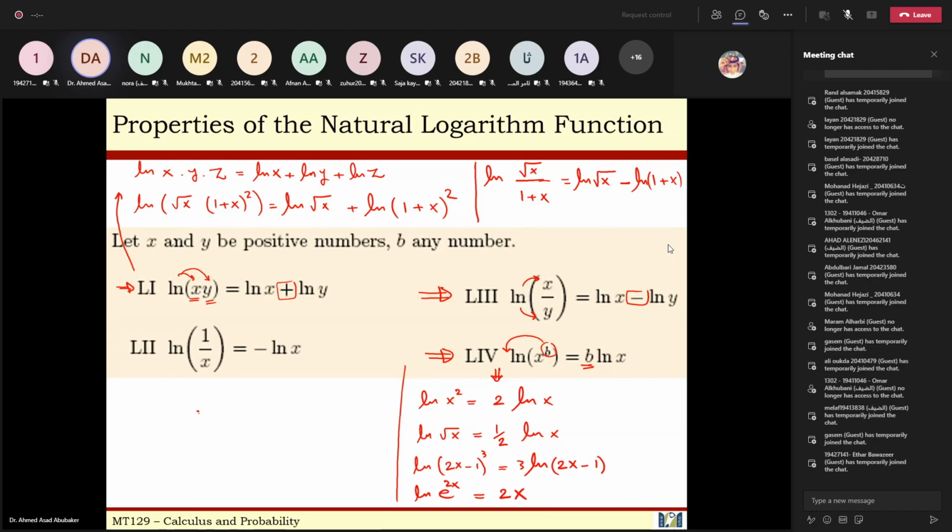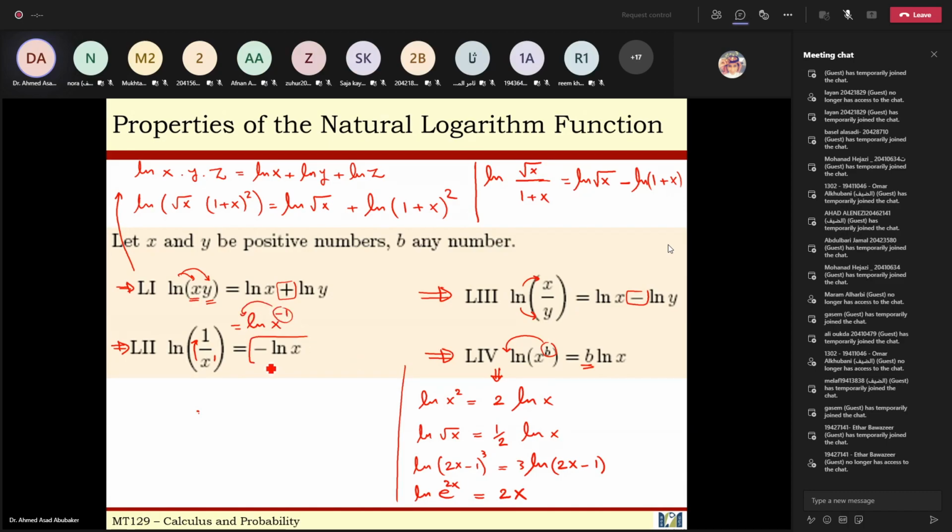Now, if we have x in the denominator, we can put it in the numerator, so convert this as ln of x to the power negative 1 and put the negative 1 outside the ln, so we have negative ln x.